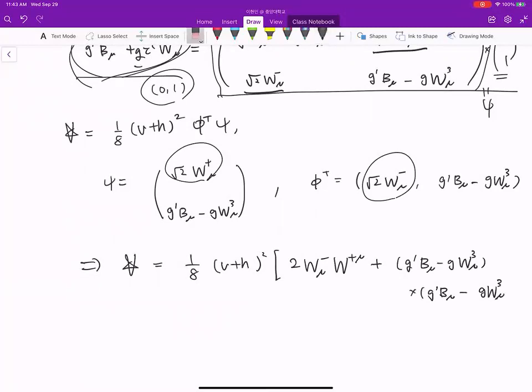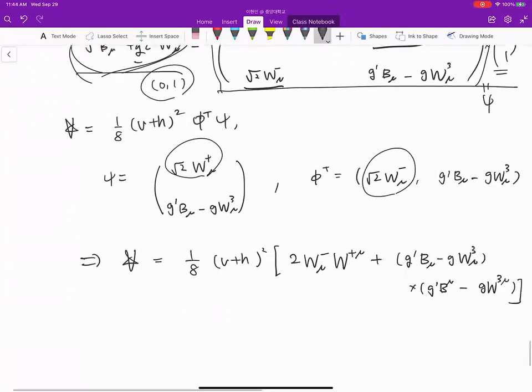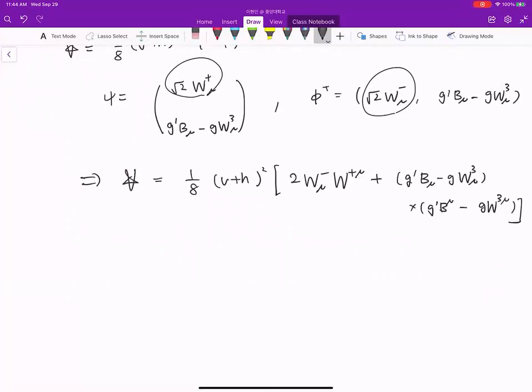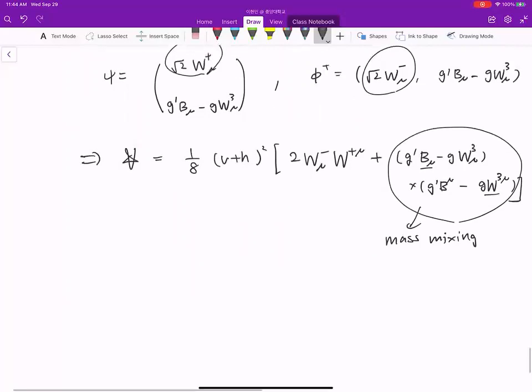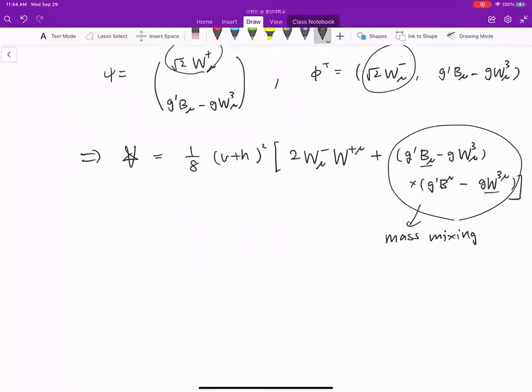So you have several terms appearing. Here, in the second term, you have a mixing. Yes, mixing. Because B mu and W3 mu are mixing. So we need to diagonalize this neutral gauge boson.